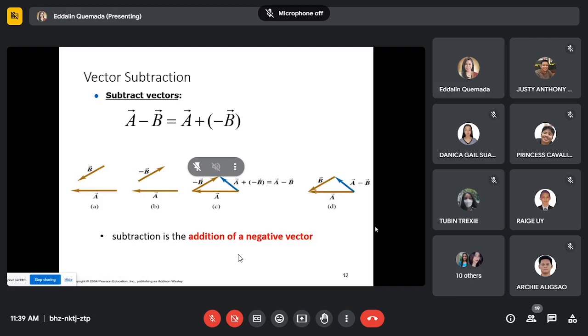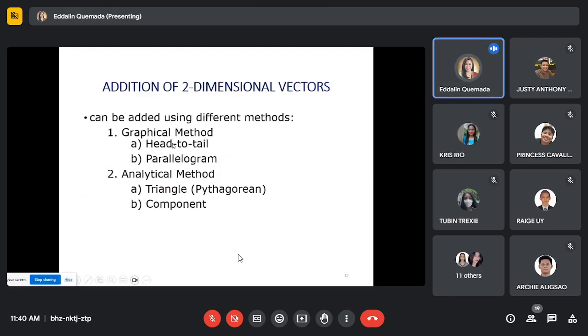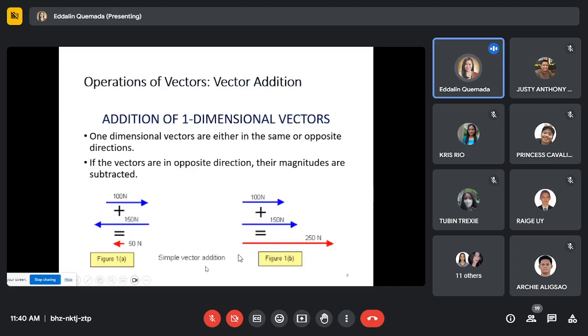Now, this time, we will be adding vectors in two dimensions. Kung two-dimensional gani, I think that's very obvious that the given vector is crossing in two axes. Dili parehas sa kaninang example earlier, which is a perfect example of one dimensional, meaning they are just moving relatively along the x-axis.